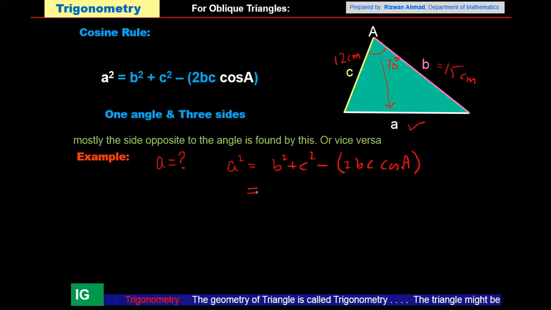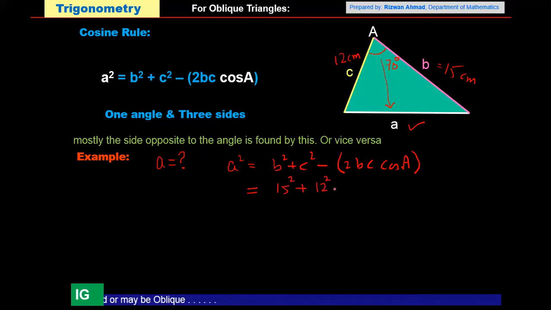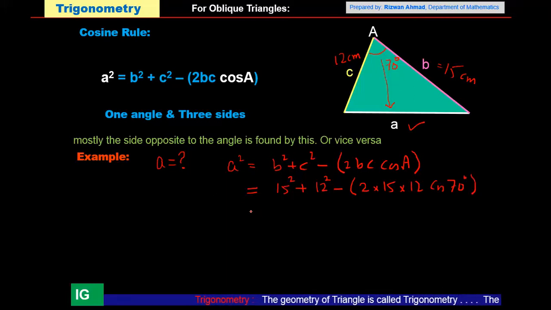So A square is equal to B, which is 15 square, plus C, which is 12 square, minus bracket 2 times 15 times 12 cosine of the angle 70 degrees. Then in one step you can use the calculator to find this overall.